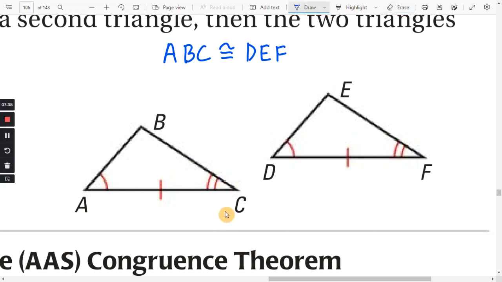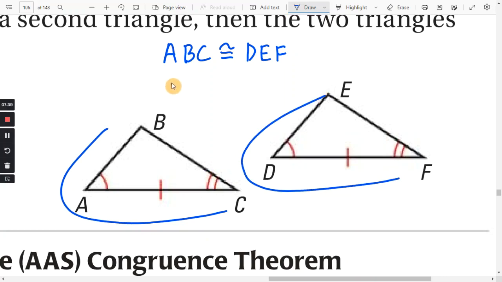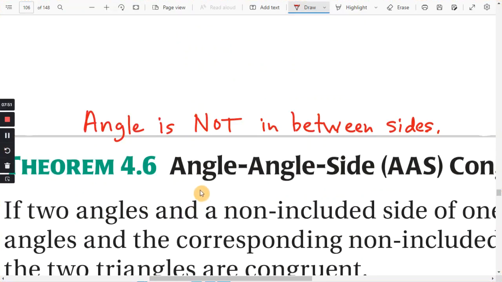You can say CAB and FDE. And so on. And finally, the last one is angle, angle, side, or AAS for short.